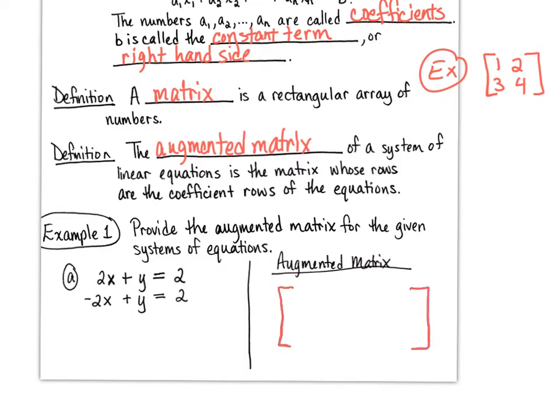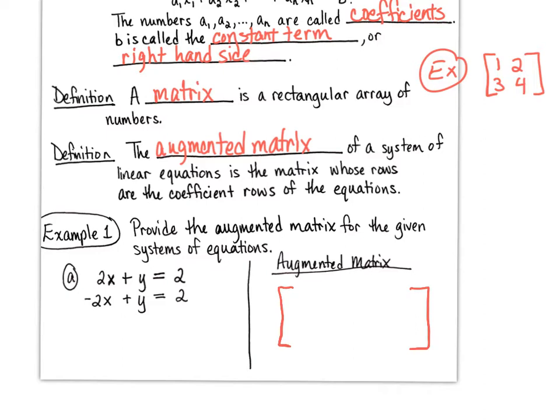I'm going to draw the brackets for a matrix. How many columns are we going to have? Three, because there are 3 coefficients.